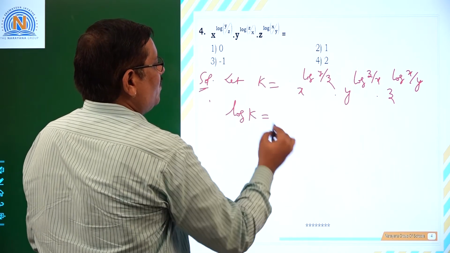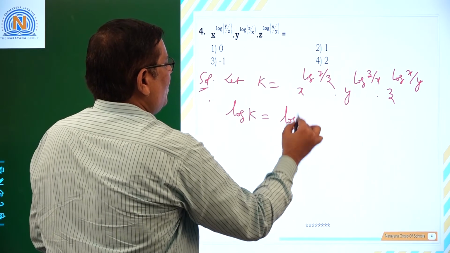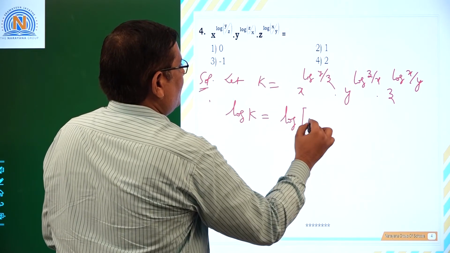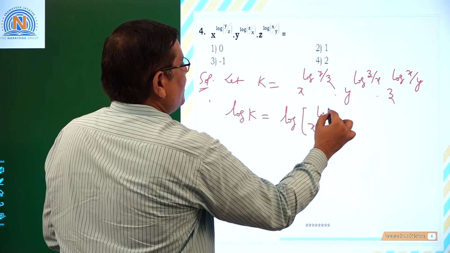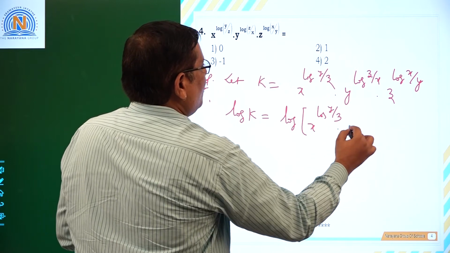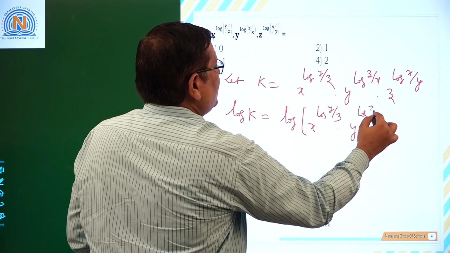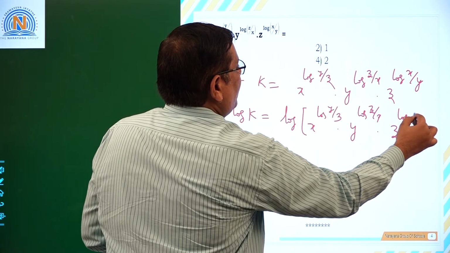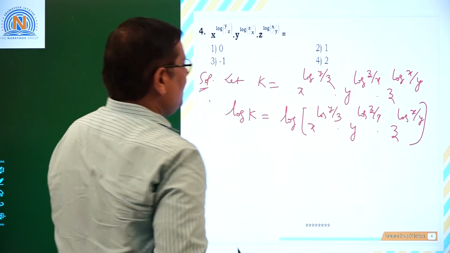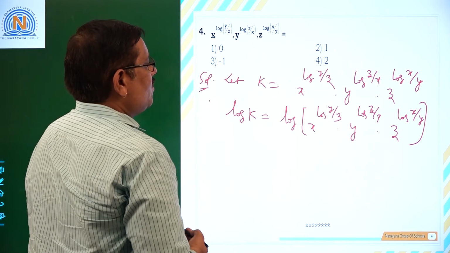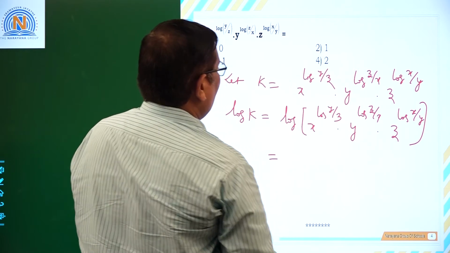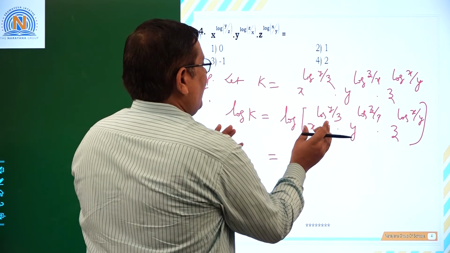Log k is equal to log of x power log y by z into y power log z by x into z power log x by y. This is going to be log mnp.